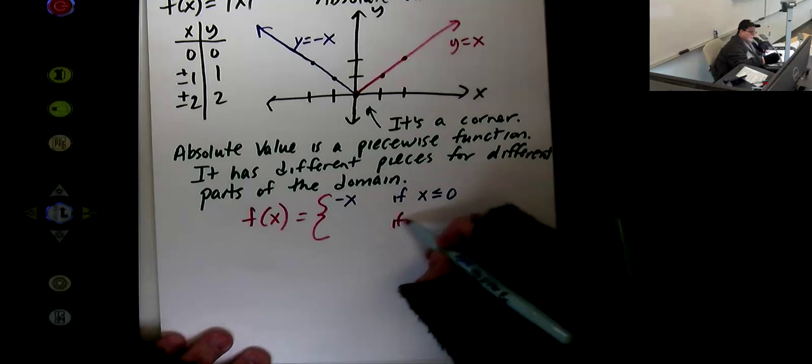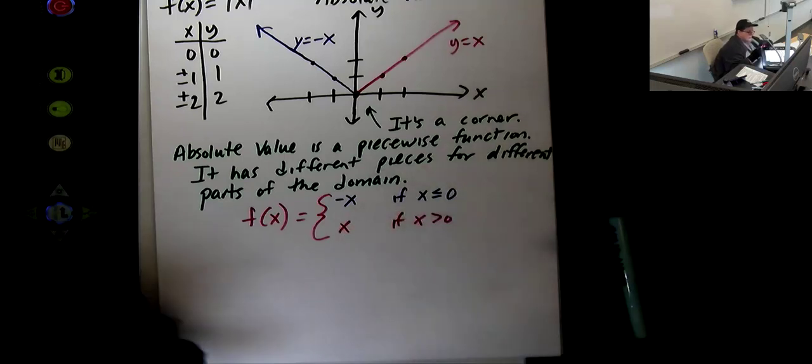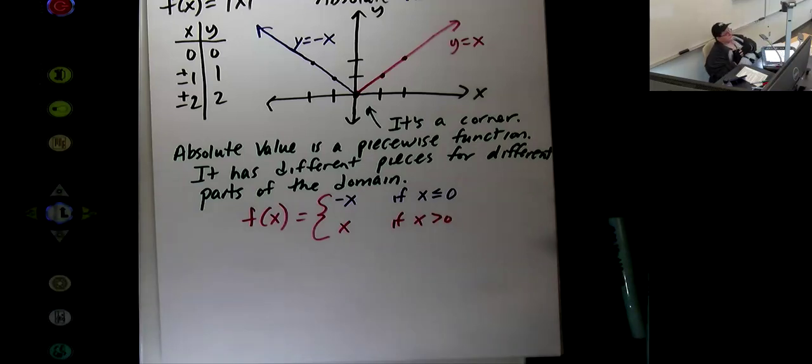And if x is greater than 0, it equals x. That's how we note piecewise functions. It's where the graphs look like different things on different parts. That's all.